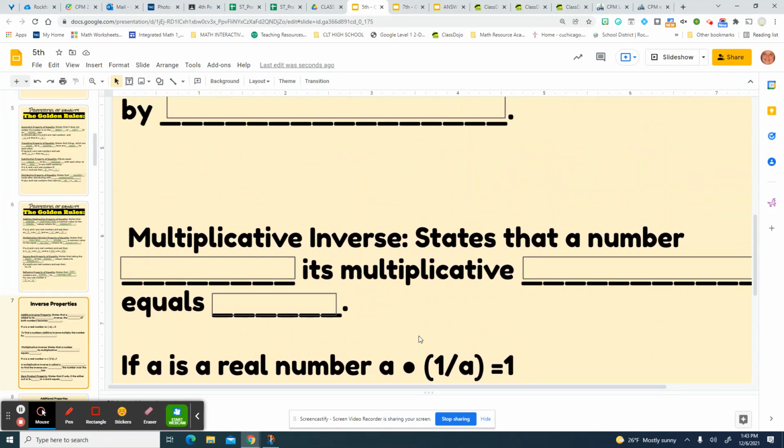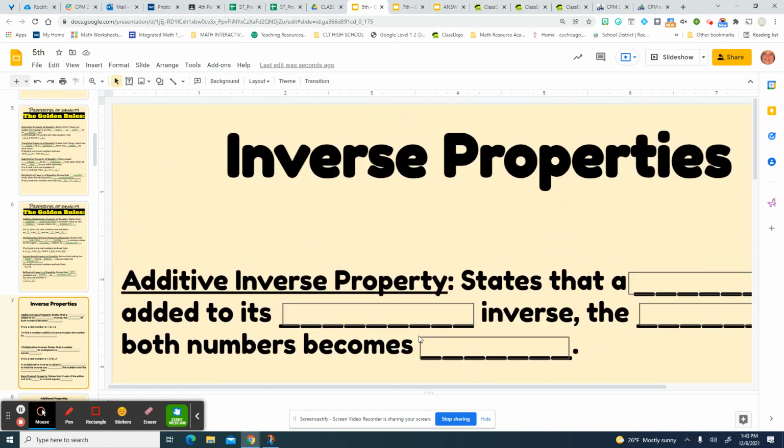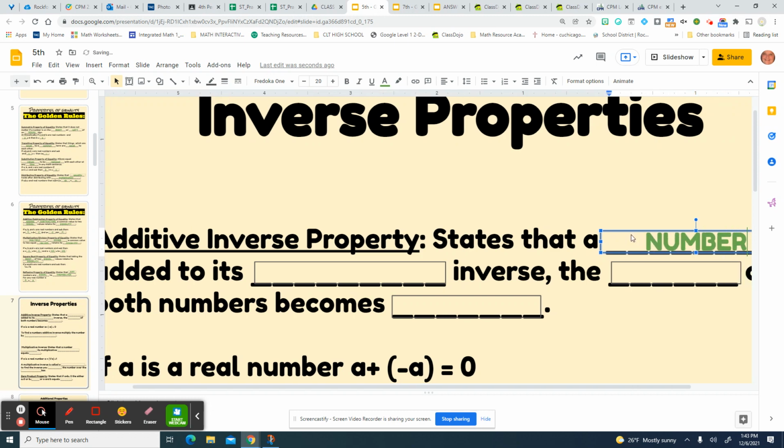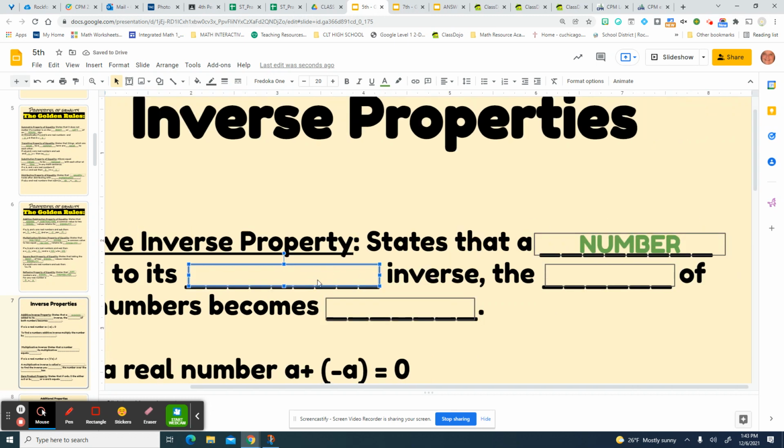Okay, now go on and talk about the inverse properties. So the additive inverse property states that a number added to its additive inverse, the sum of the numbers is 0.